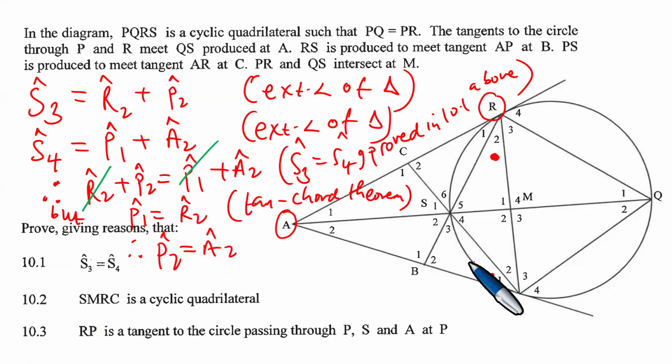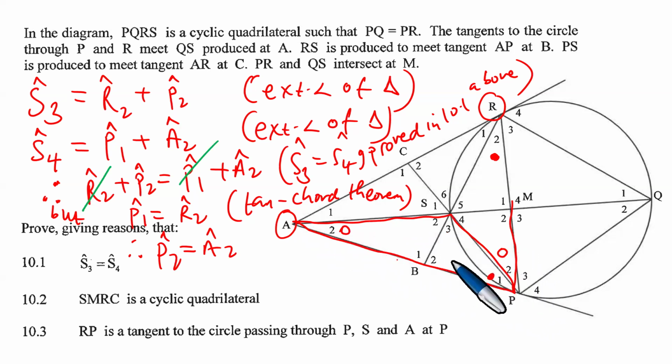Let's look at what this means now. If P2 is equal to the angle A2, it is our old result from grade 11.